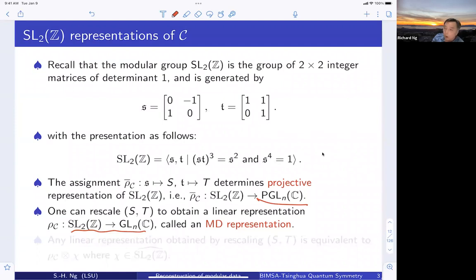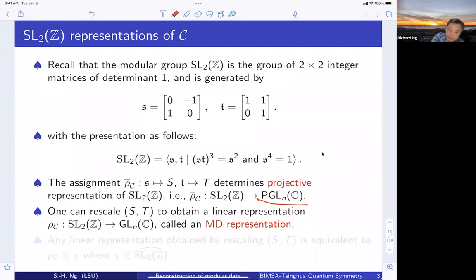Then you can get one linearization of the projective representation. So any linearization, any representation obtained by rescaling the S and T matrices of the modular tensor category, is called an MD representation here in the paper. MD really means modular data representation. This representation is derived from the modular data for a given modular data.